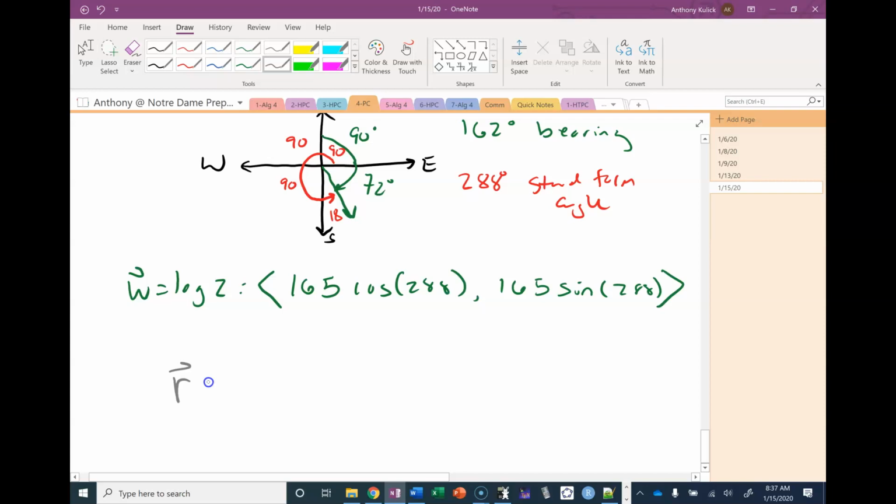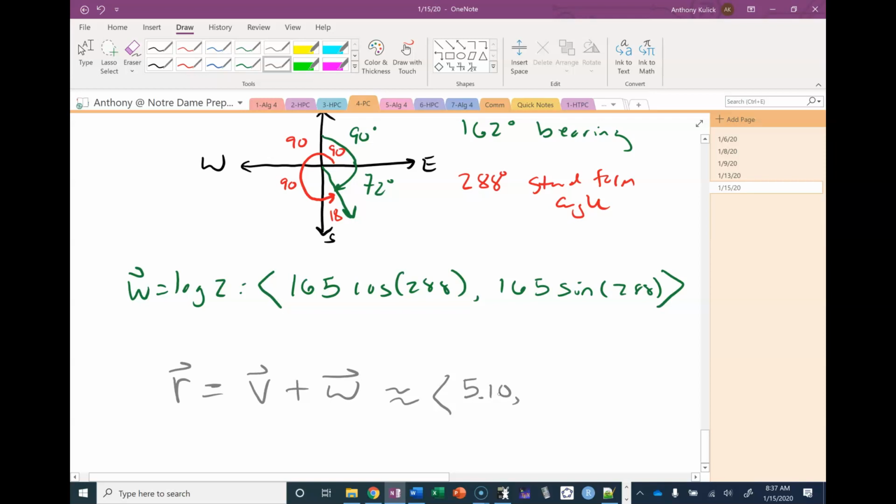So we're looking for a vector r, which is going to be v plus w. So when I type this into my calculator, 80 cosine 235 plus 165 cosine of 288 gives me about 5.10.